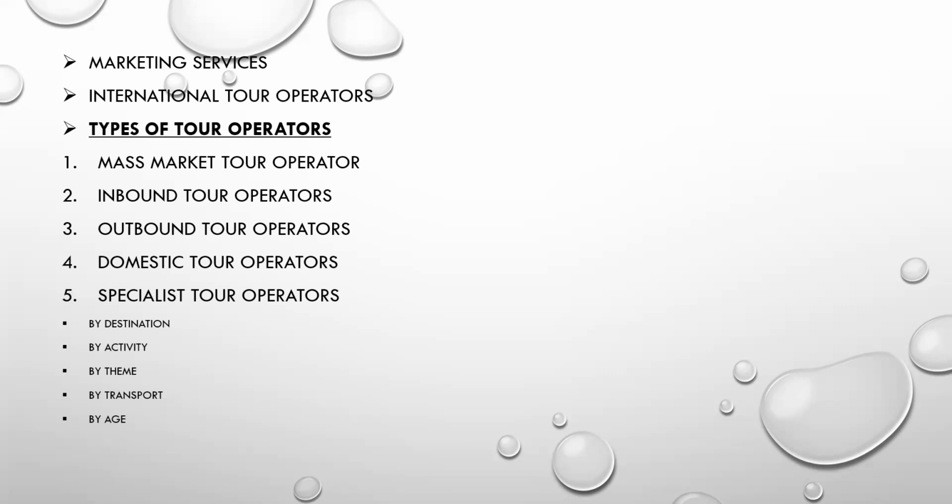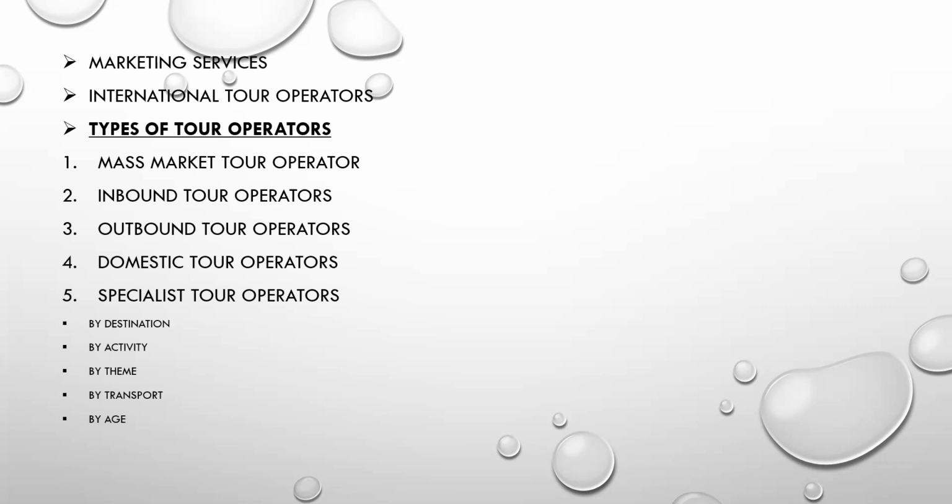He focuses on the traditional sun, sea, and sand package, as they cater to very large numbers of tourists. So they think of really popular destinations to go to. For example, traditional Spanish coasts, an appeal in the European market.